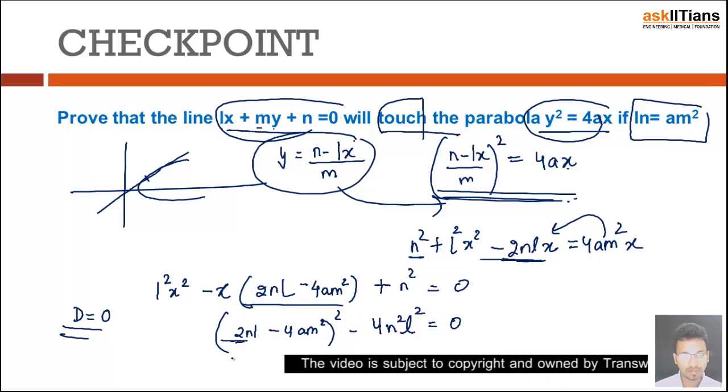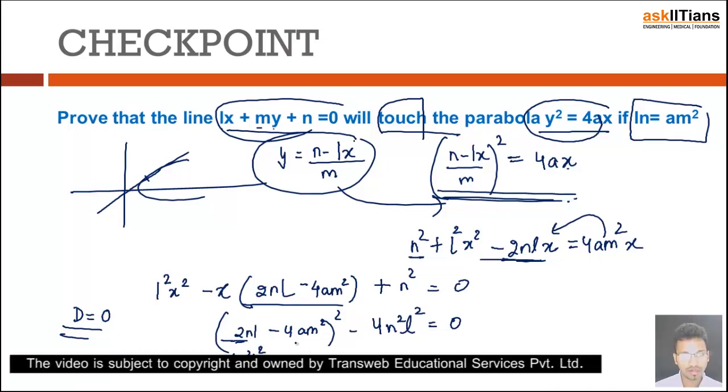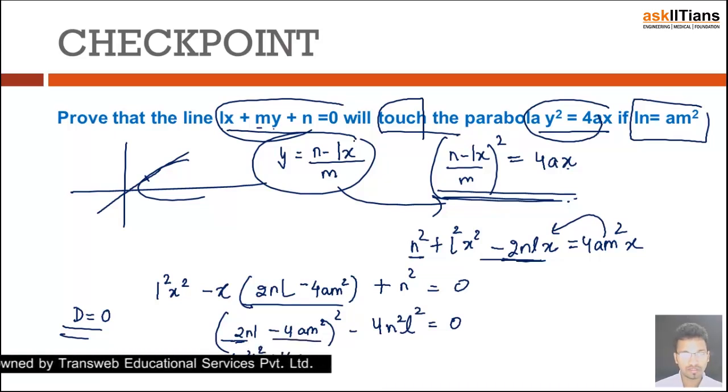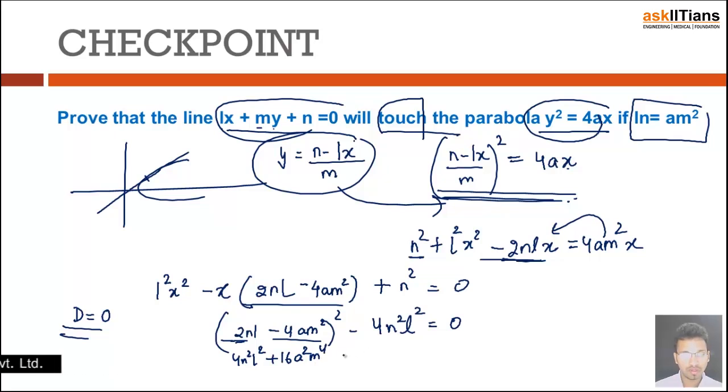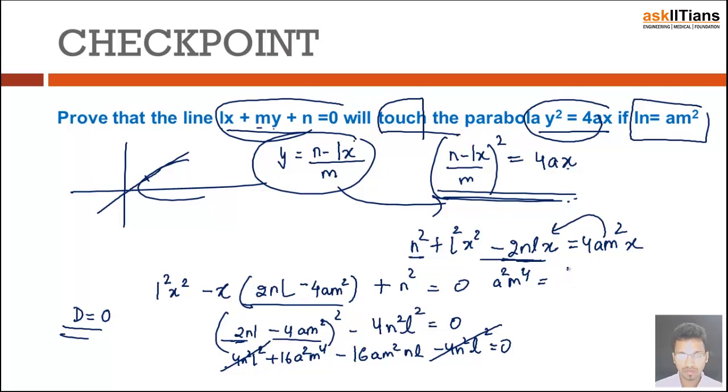Now on solving this, what we will get, 4n square l square, this will be plus 16a square m4 minus 4 into 2 into 2, 16 a m square nl minus 4n square l square equal to 0. This will get cancelled with this. So we are left with a square m4 is equal to a m square nl. So if I take it on this side, we'll get the condition.